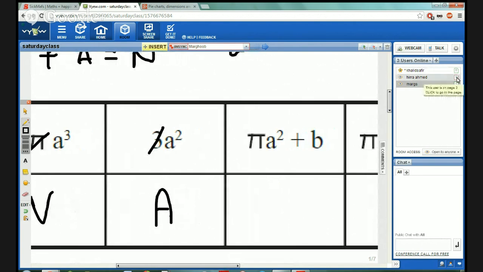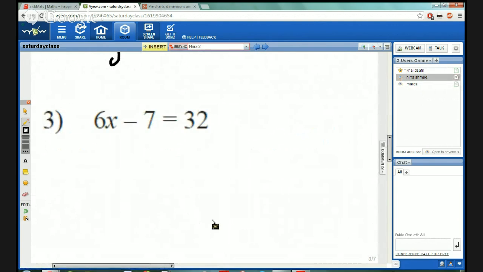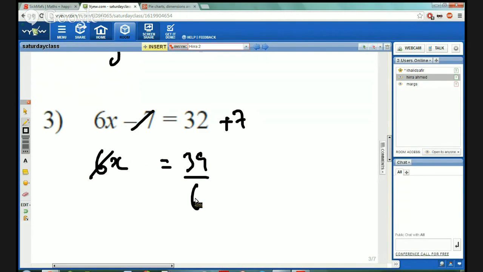Let's quickly get back to Hira. Number 3: what do you do in number 3? I did 6x equals 32 plus 7. Good stuff. And then 6x equals 39, divided by 6, and then x equals 6 point something.